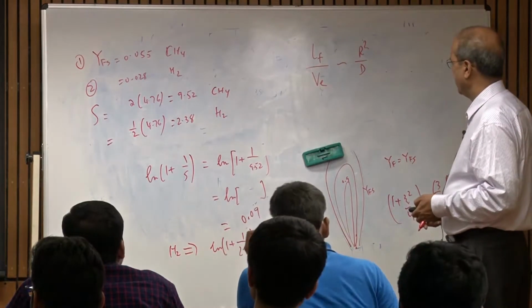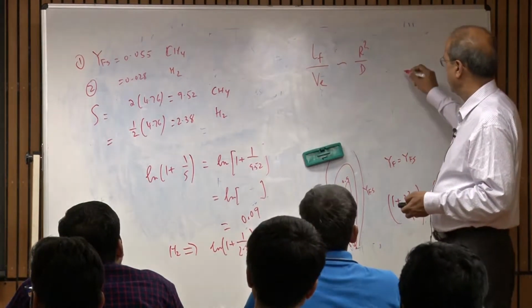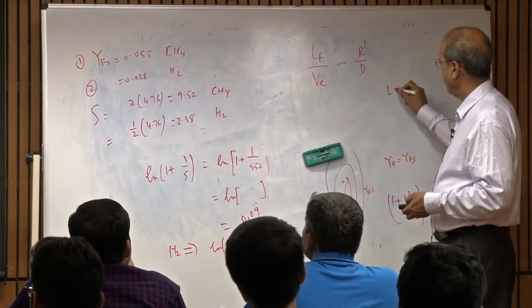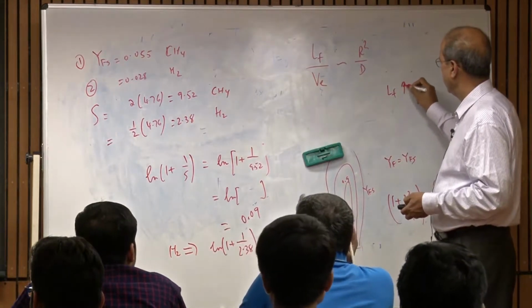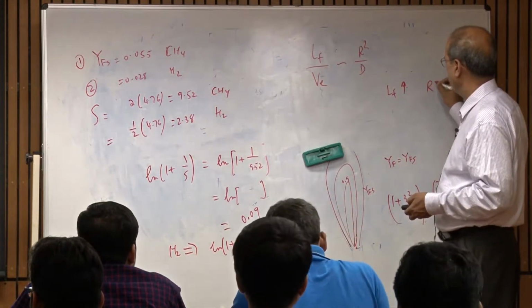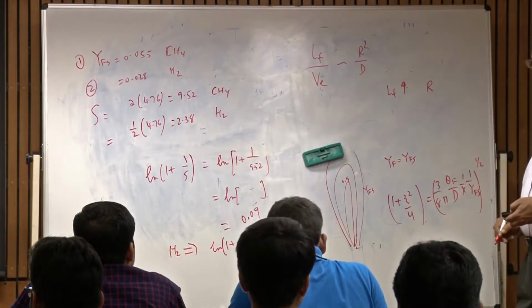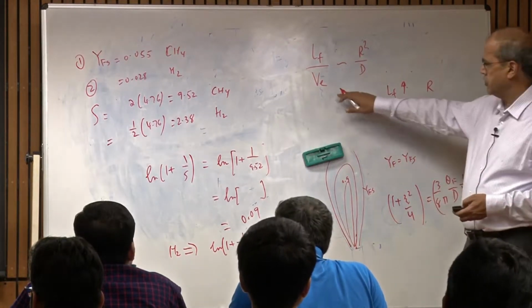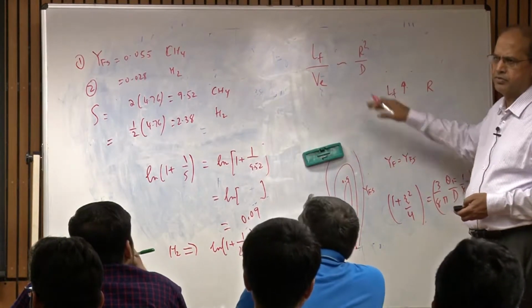So what we are getting is that LF increases, for example, as you increase R. Physically, you can explain this using this relationship.